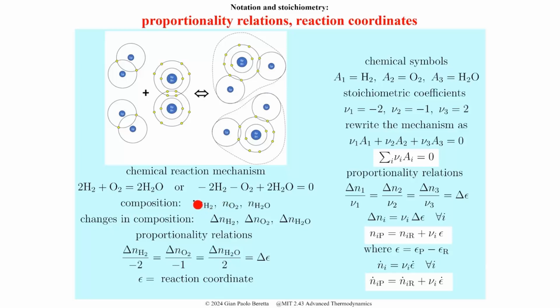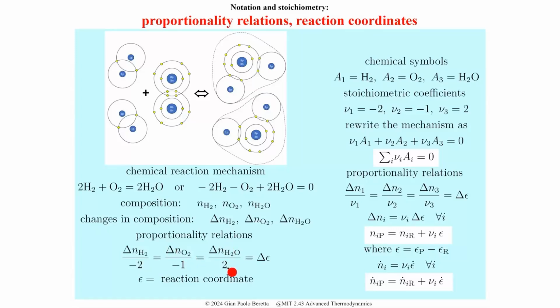So if I start with a composition which is given by these numbers, anything, and then I want to see how that composition can change according to this reaction mechanism, and only this one, then these changes are not completely arbitrary, because the ratio of the change of one component to the respective stoichiometric coefficient must be equal to the same ratio for all the other components.